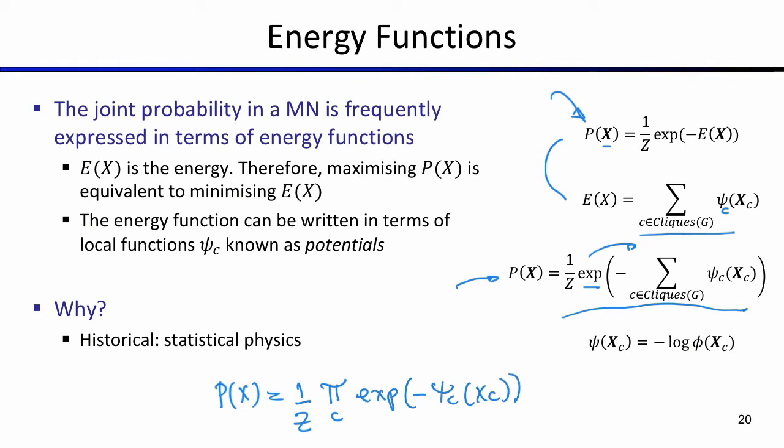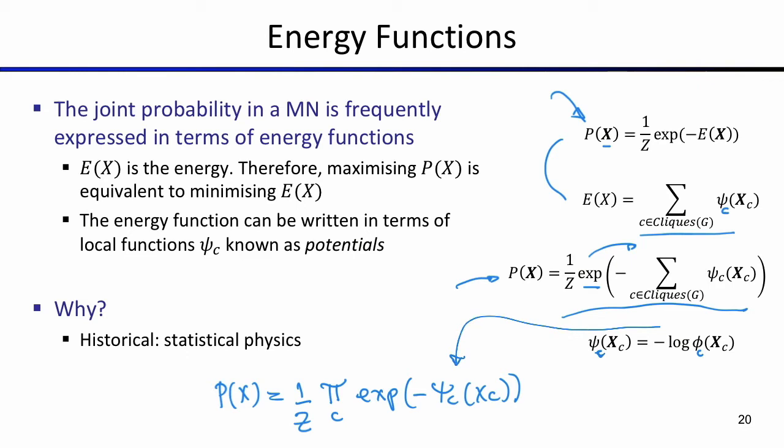Now it should be very clear that if we define psi c of xc to be minus log of phi c of xc, then when we put this minus log here, the negatives cancel each other.